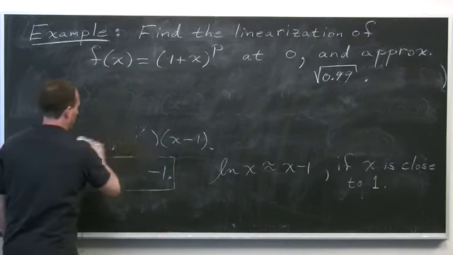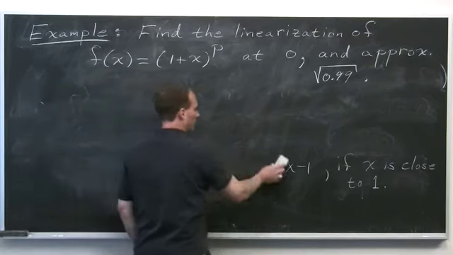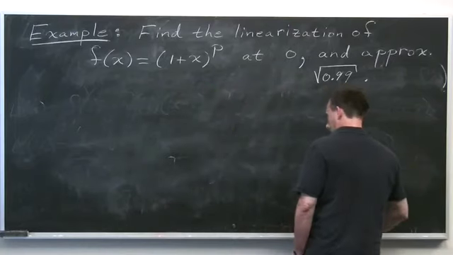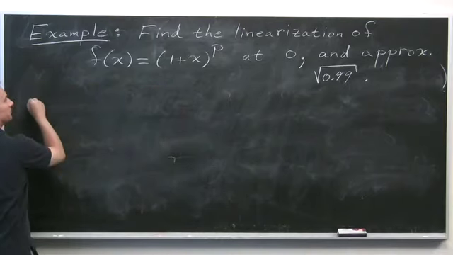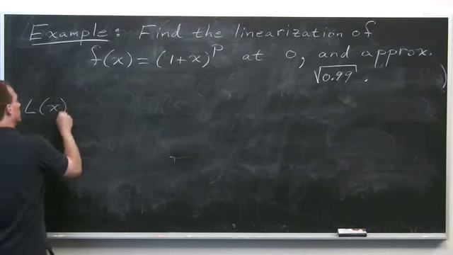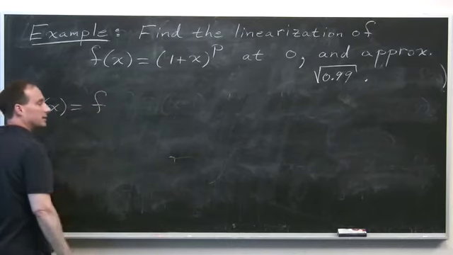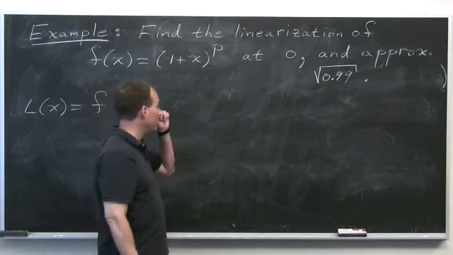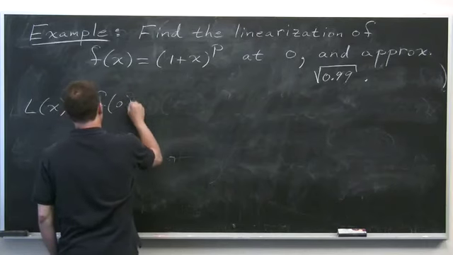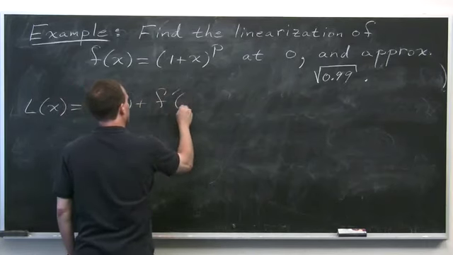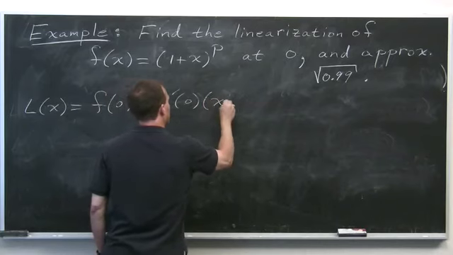So, use linear approximation, or you write down the linearization. You write L of x is f at the specific x value where you're calculating the linearization. So it's 0. So we get f at 0 plus f prime at 0 times x minus 0.